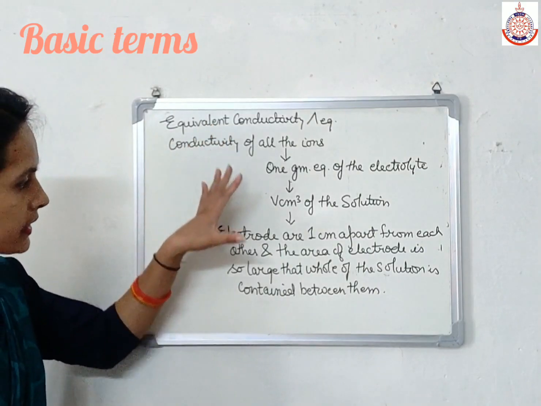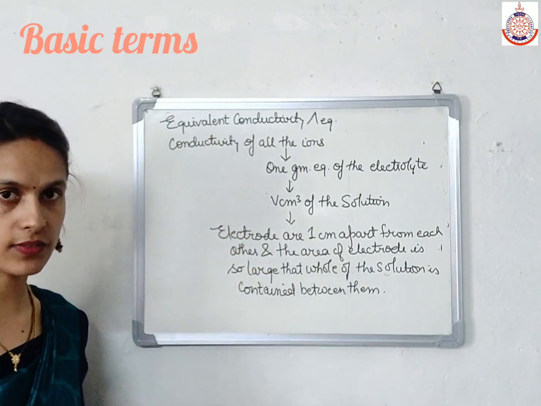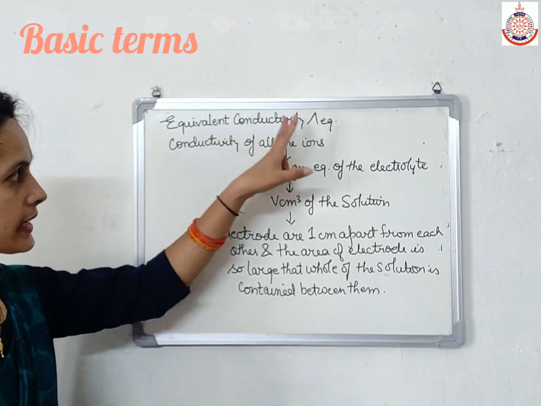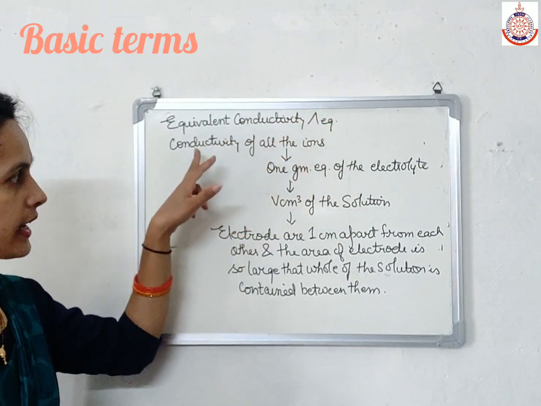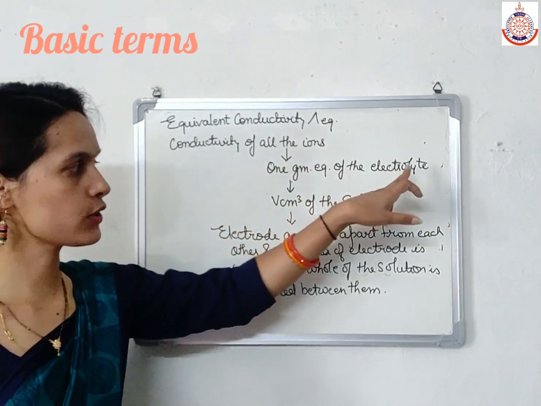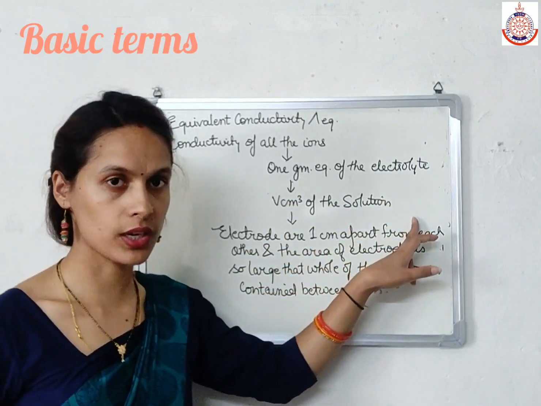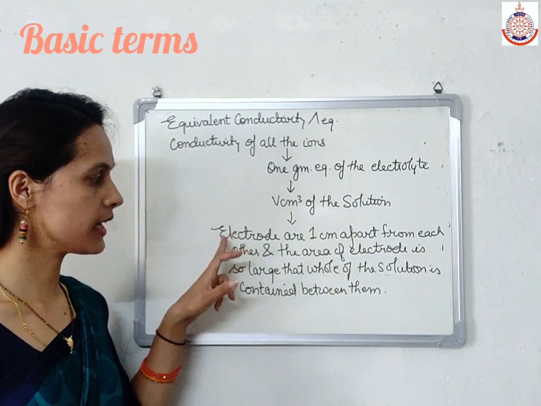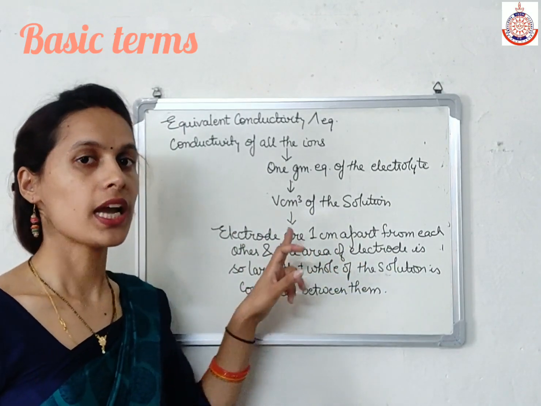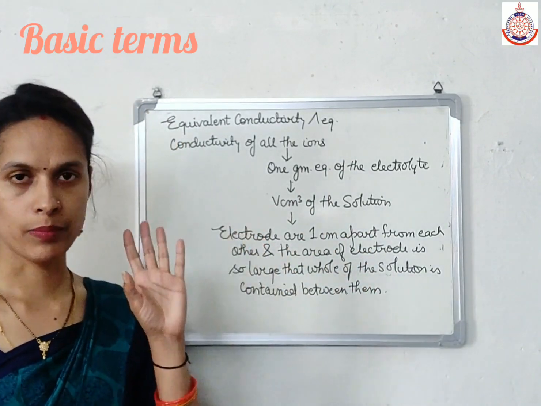Clear? So the conductivity we get in this case is known as equivalent conductivity. So equivalent conductivity is defined as the conductivity of all the ions produced from 1 gram equivalent of the electrolyte dissolved in V centimeter cube of the solution when the distance between the electrodes is 1 centimeter and the area of the electrode is so large that the whole of the solution is present between them.